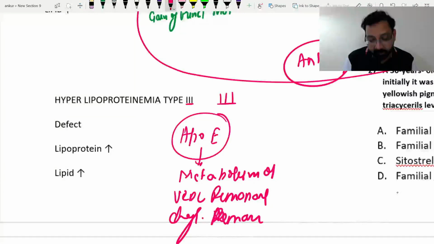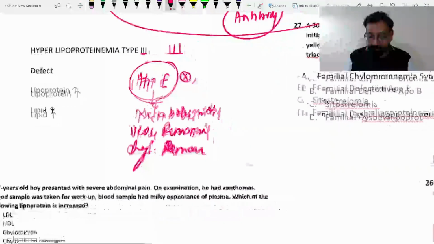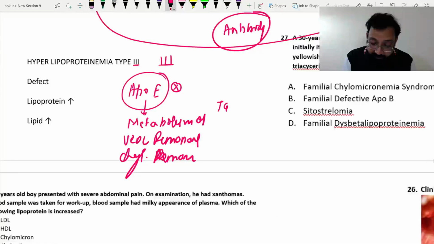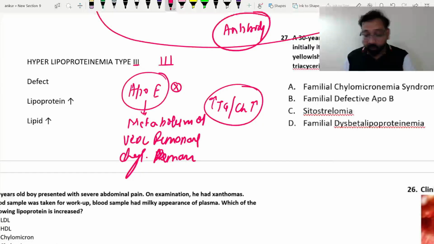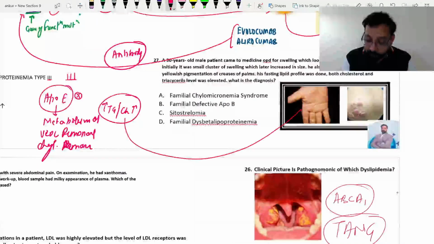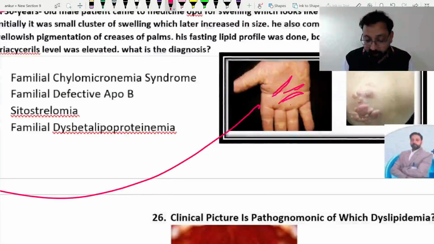Usually I write 3 like this. If ApoE is defective, what will happen? The chylomicron remnant and VLDL remnant will not be metabolized and will accumulate, and both triglyceride and cholesterol are increased. When there is an increase of both, this will lead to palmar xanthoma in the palmar crease.